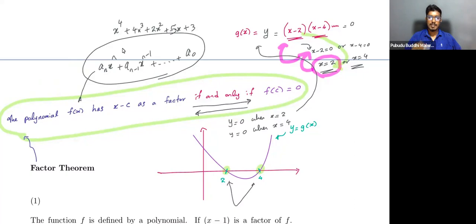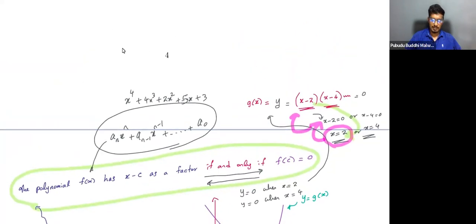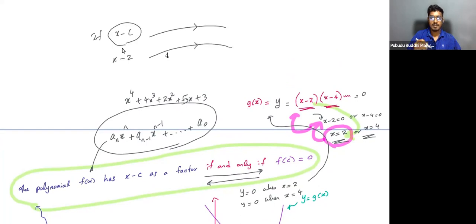If x minus c is a factor, then let's suppose like x minus 2, right? If x minus 2 is a factor, which means when x equals 2, y value equals 0.